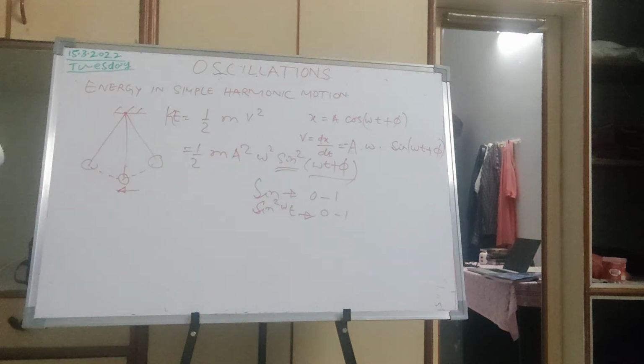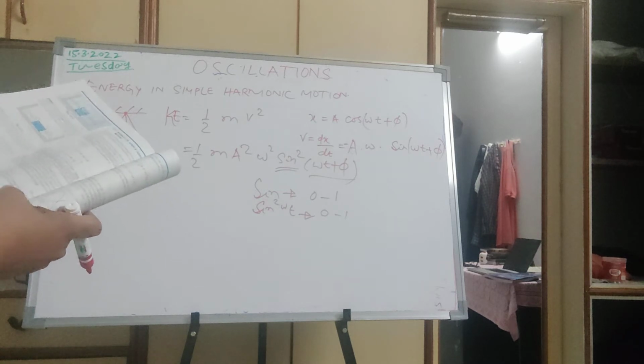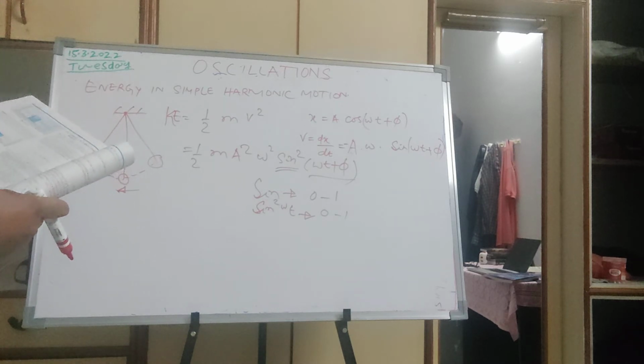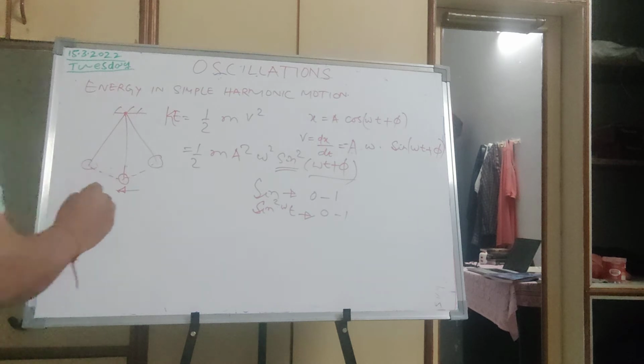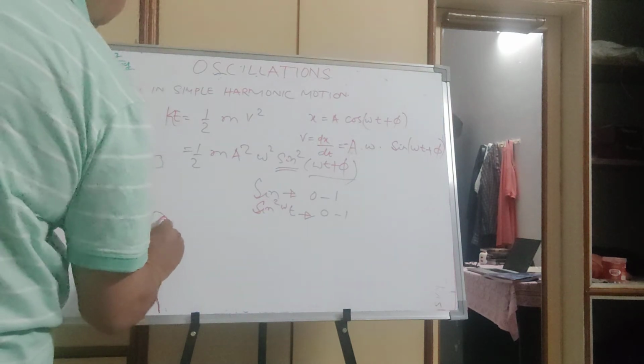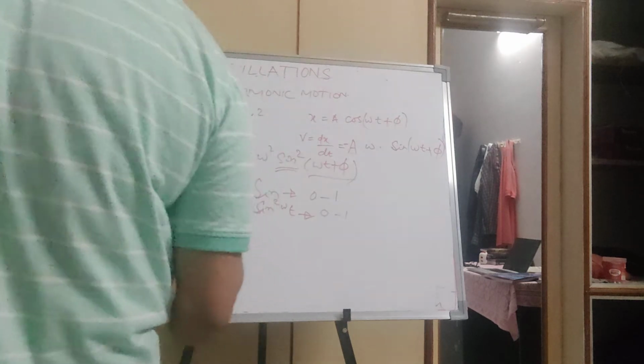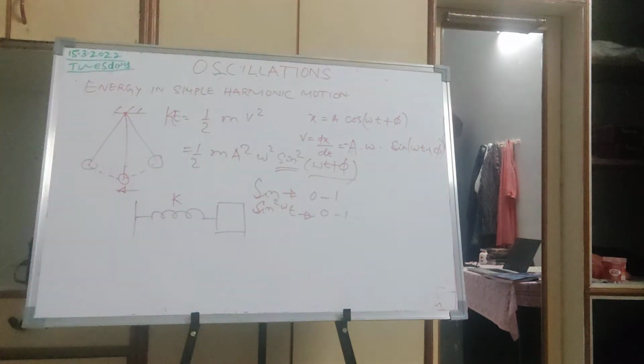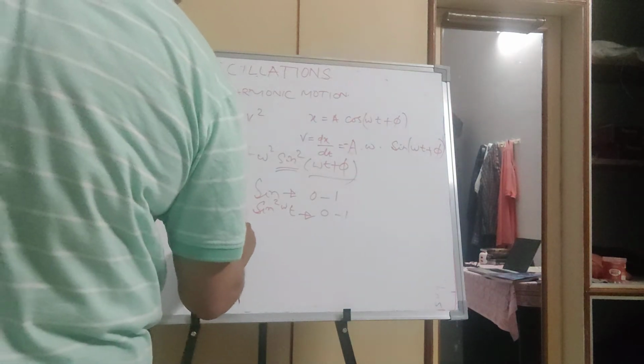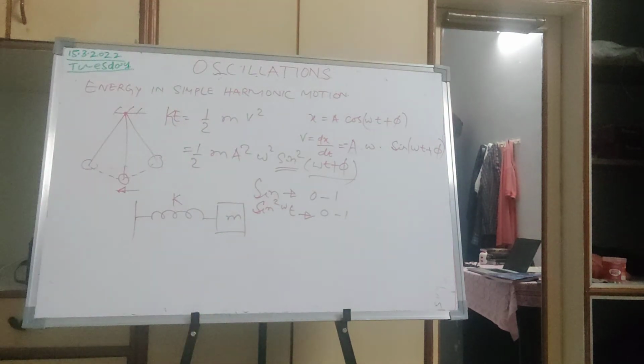Okay, and similarly there is potential energy. Let us say you have a spring and you have a mass. The stiffness of this spring is k and the mass is m.